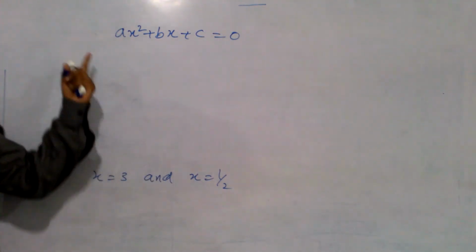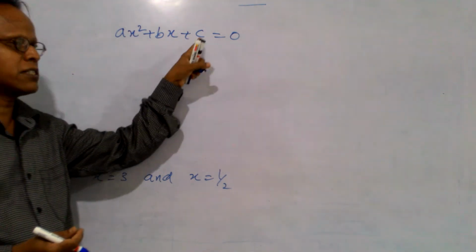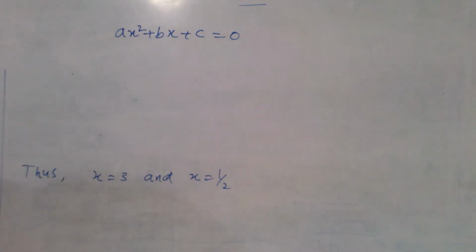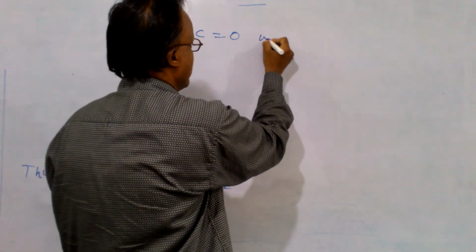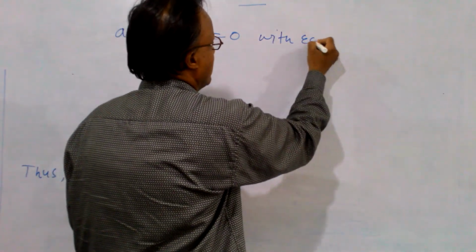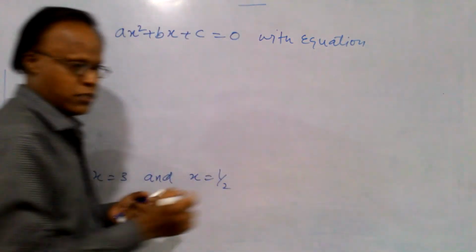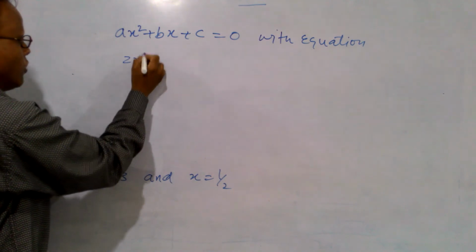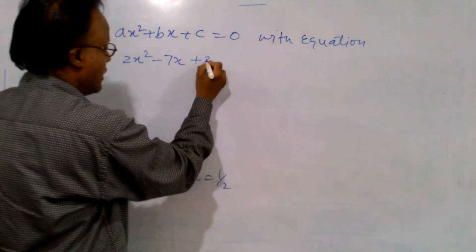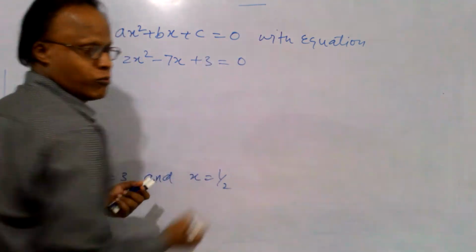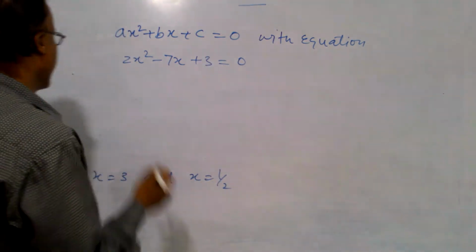So we compare ax square plus bx plus c equal to 0 with your equation. What is your equation? Please tell me. 2x square minus 7x plus 3 equal to 0.